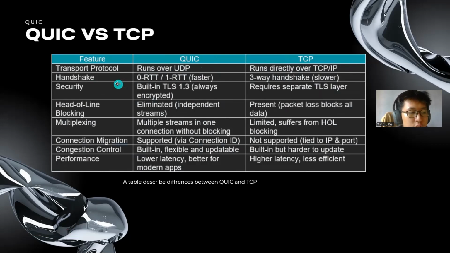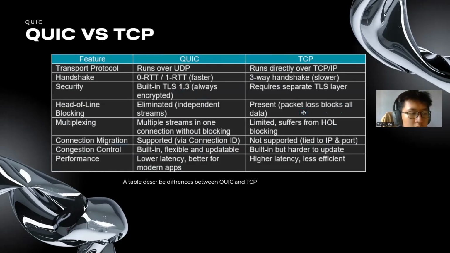In terms of handshake, TCP requires a three-way handshake and a separate TLS setup, which is slower, whereas QUIC uses a faster 1-RTT or even 0-RTT handshake. For security, TCP relies on external TLS, while QUIC integrates encryption directly using TLS 1.3.